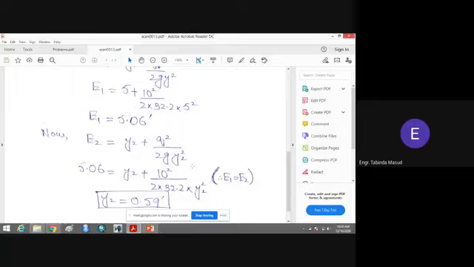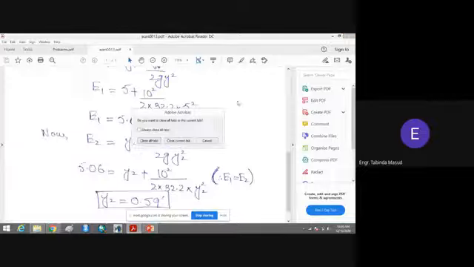Try all the values less than 5, and then you will get this value of 0.59 feet. You will not try the value equal to 5 or greater than 5, because it will again be in the subcritical state. You have to try the values in the supercritical state. Is it clear to you, boys?